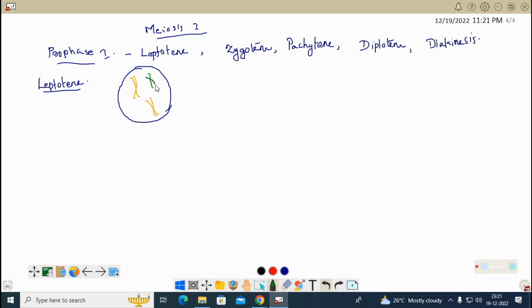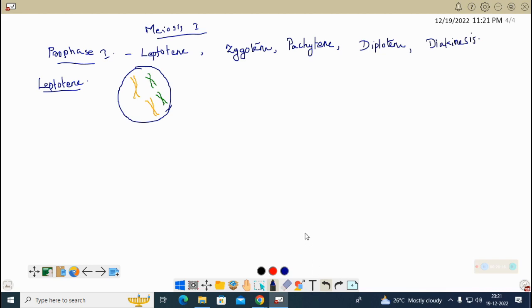This chromosome number 2 also has a sister chromatid, and when it is present with the sister chromatid, it looks like a single chromosome, but the content will be doubled when we weigh it. So this is chromosome number 1, a homologous pair, and this is chromosome number 2, also a homologous pair.